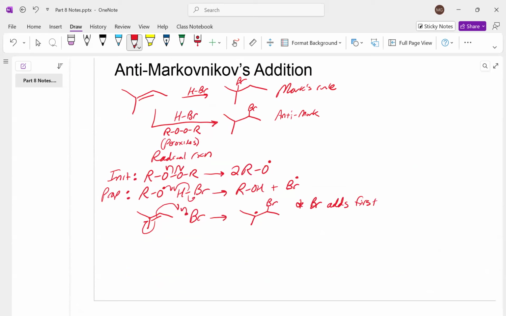Normally in the past we've done these radical mechanisms where there's two propagation steps. We're going to do one more just to show the propagation step that gets us to our product. So we're going to take this radical from the previous step and react it with HBr.